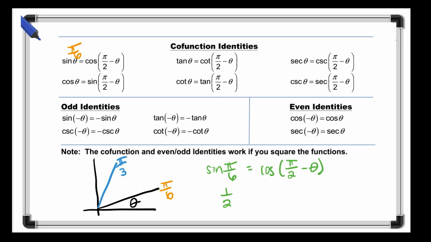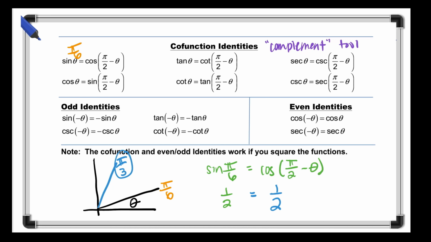If I look at my identity, the cosine of pi over 3 is also equal to 1/2. So we can think about co-function identities as my complement tool. I'm thinking about complementary angles, which have to add to 90 degrees, or in this case radians, they have to add to pi over 2.